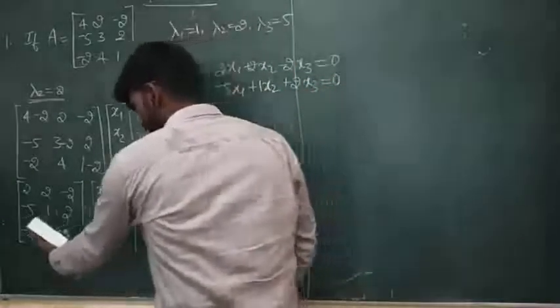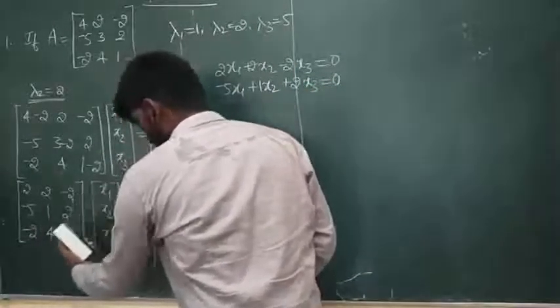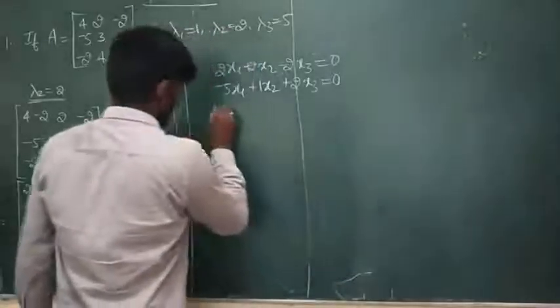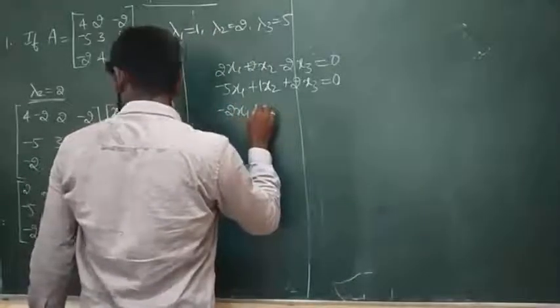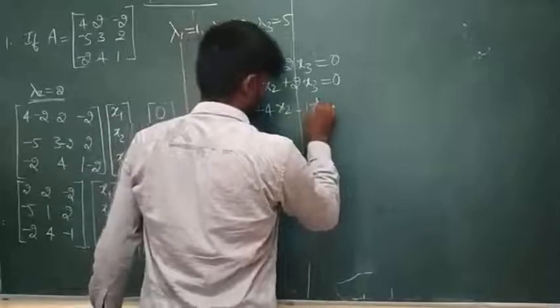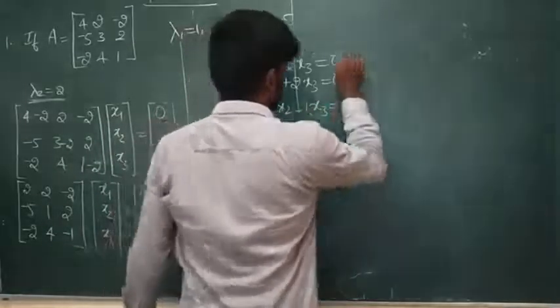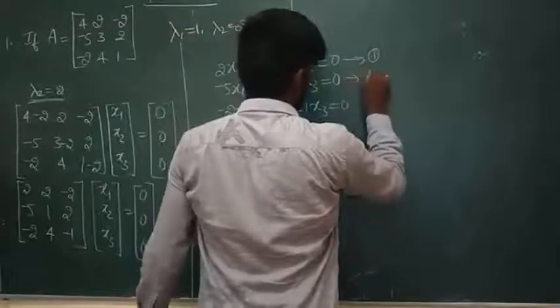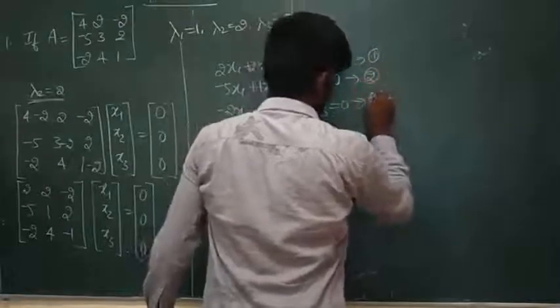And minus 2 into x1, 4 into x2, minus 1 into x3: minus 2x1 plus 4x2 minus x3 is equal to 0. Call the first two equations number 1 and 2, and this equation number 3.